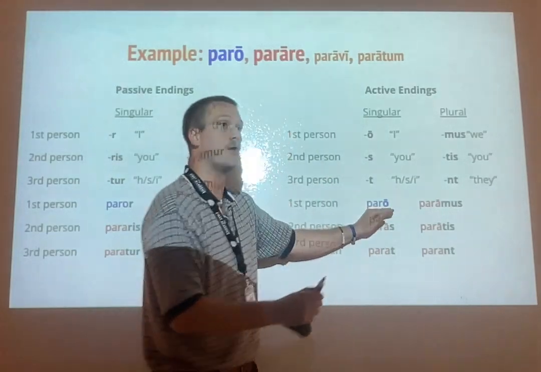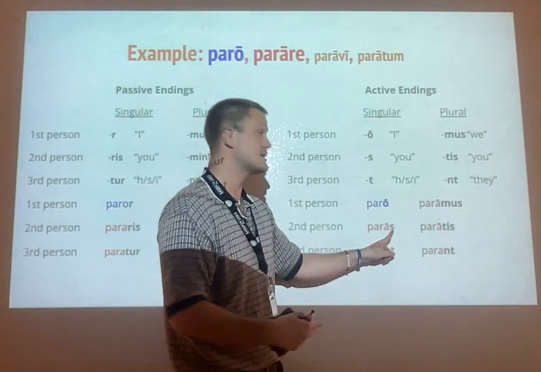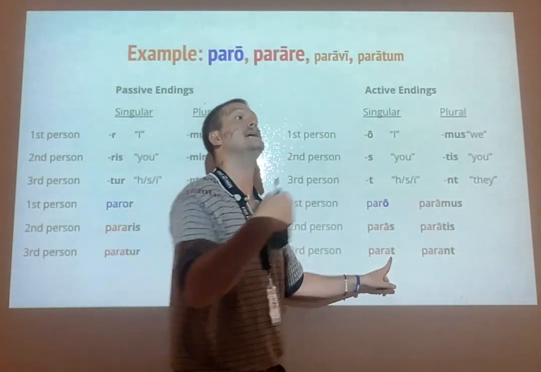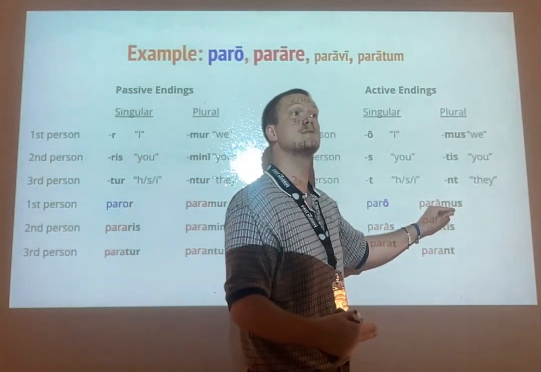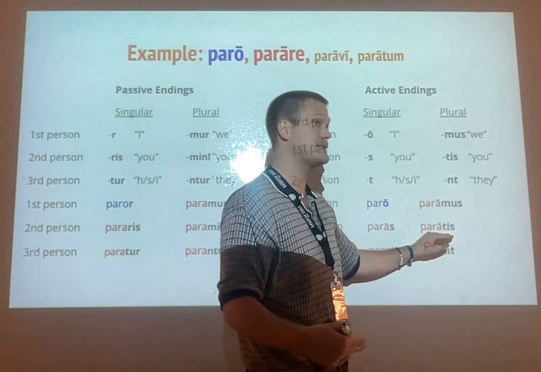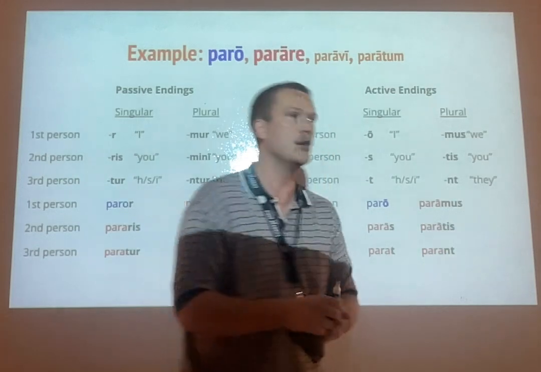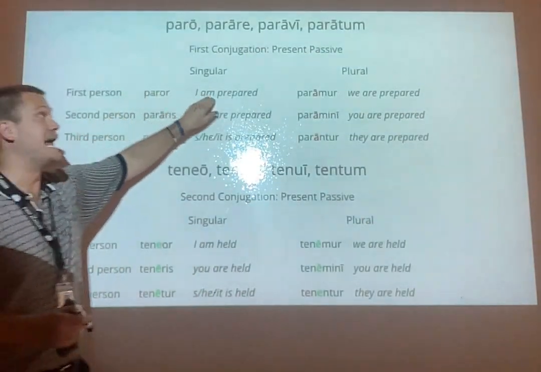So paro means I design or I prepare. Paras, you prepare. Parat, he, she, or it prepares. Paramus, we prepare. Paratis, y'all prepare. Parant, they prepare. Now look at my example. Paror, I am prepared.